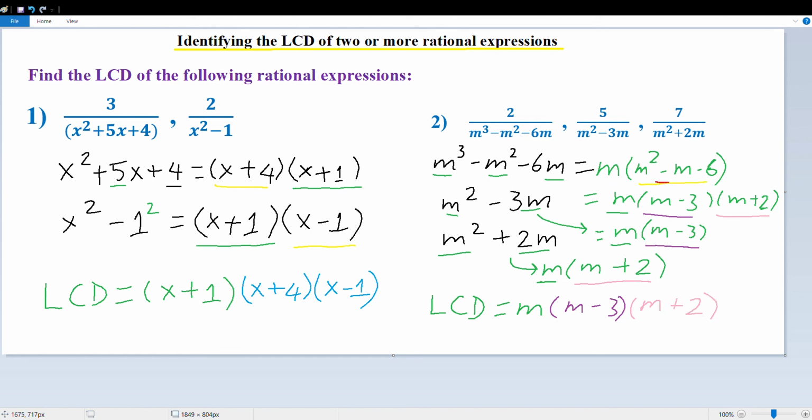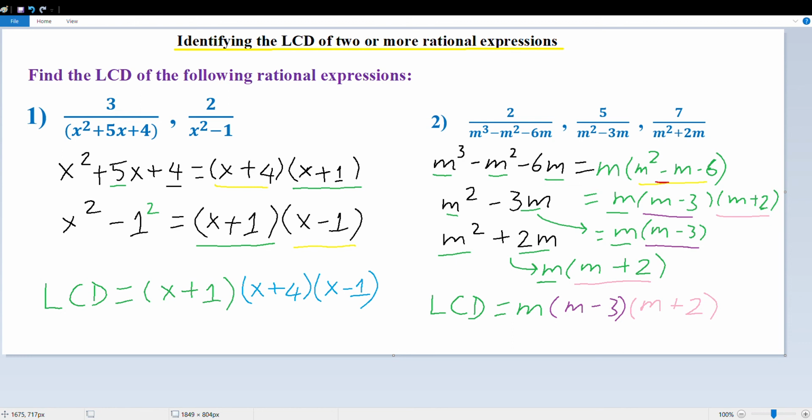Now we don't have anything common remaining among all these denominators. So our least common denominator would be the product of the common terms and the remaining terms. So the least common denominator here would be m times m minus 3 times m plus 2.